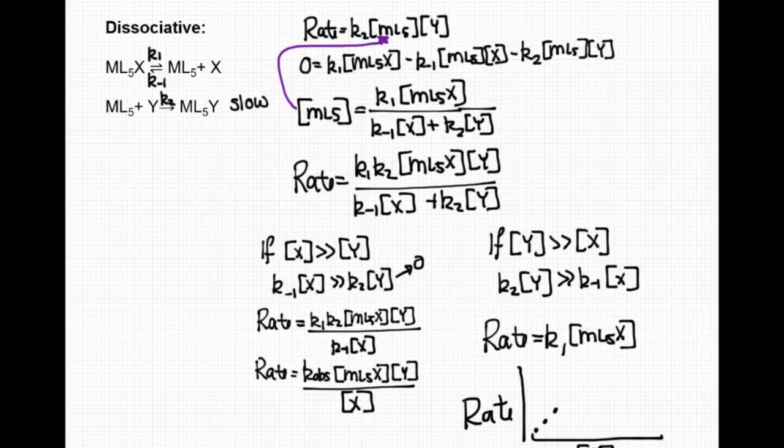But if you really pack the solution with Y, then eventually it won't affect the rate anymore, and the rate curve will saturate. So that's an experiment that we could do to see if the mechanism is associative or dissociative.